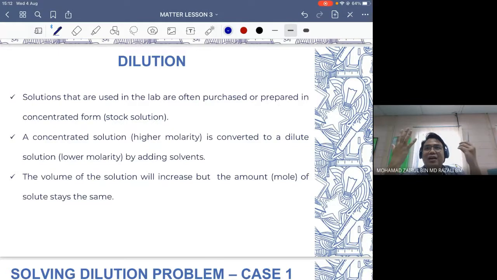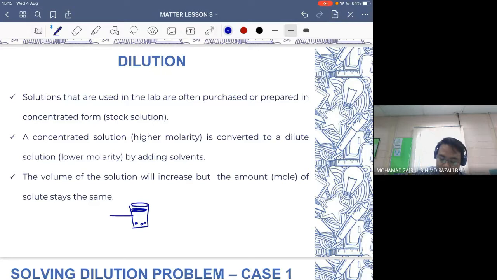Okay. And the simplest way to dilute any substance is by adding solvent. So for example, if I have a cup of tea life, boba. Let's say this one ada 10 tablespoon of sugar. Contoh je, saya tak tahu berapa konten dia.